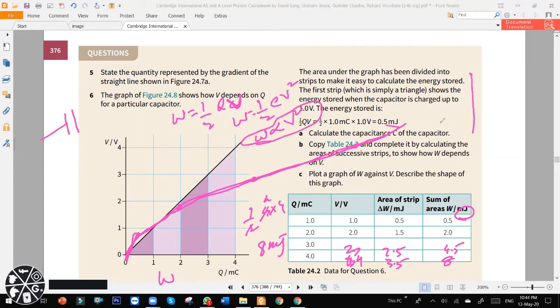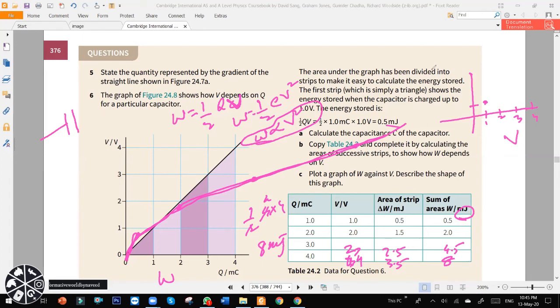Like if this is your W and this is your V, and this is 1, 2, 3, 4. Let's take it over here like this.